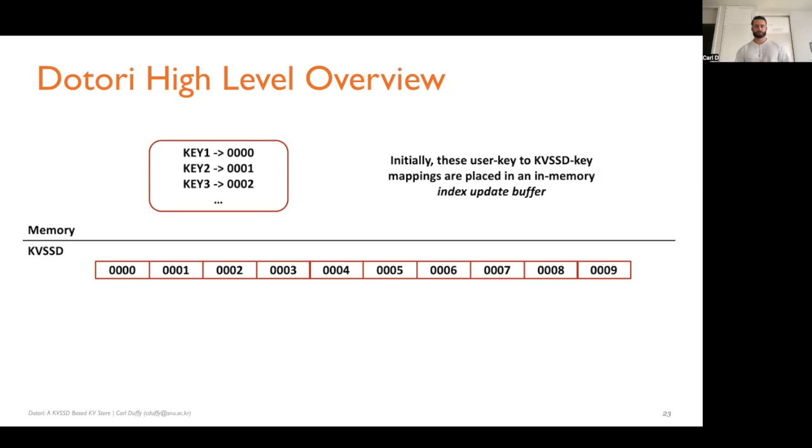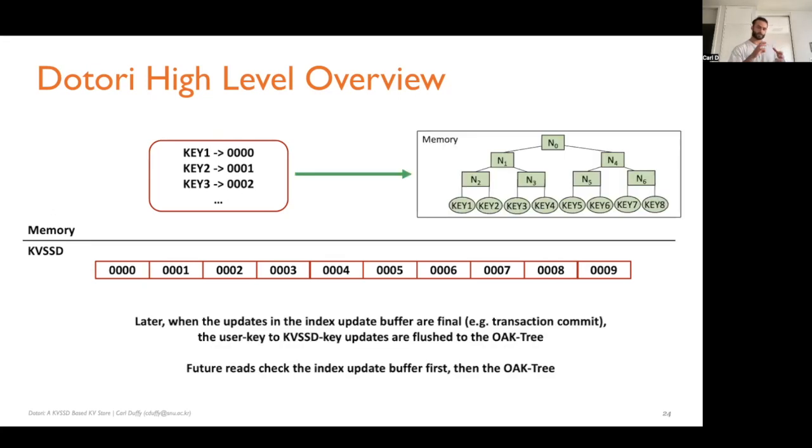And then later, when those updates in the index update buffer are finalized, so if the transaction they belong to commits, for example, they're then flushed to the Oak tree. And then the Oak tree is updated with these user key to key value SSD key mappings. And then later, when we want to read a key value pair, we check the index update buffer first. And if there's a miss there, we check the Oak tree.